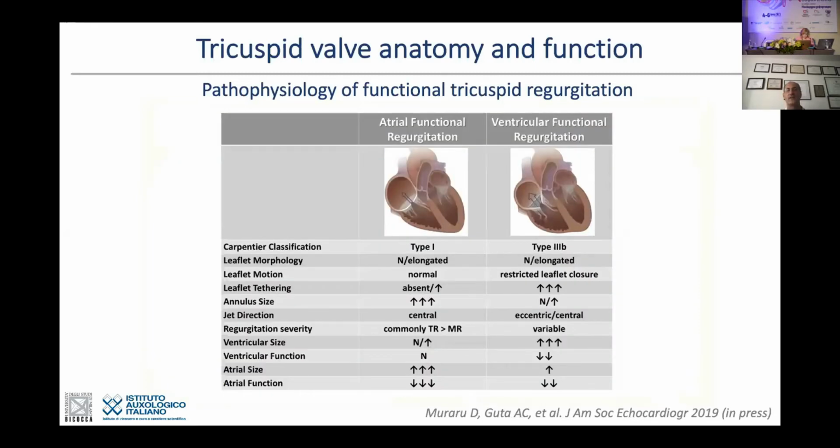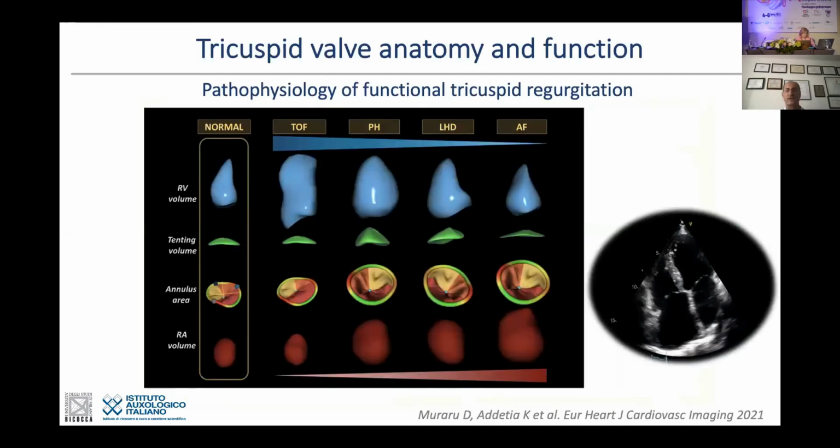In that review, for those of you who are interested, you can see that there is also a systematic description of the main characteristics that allow you to identify the two main mechanisms of functional tricuspid regurgitation.